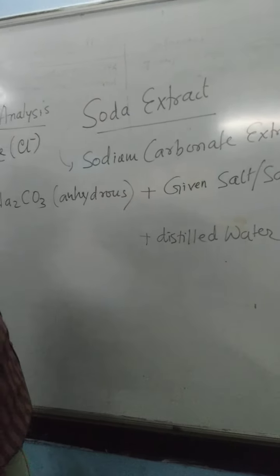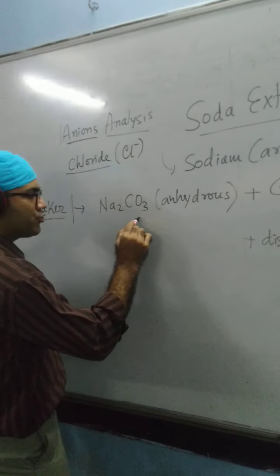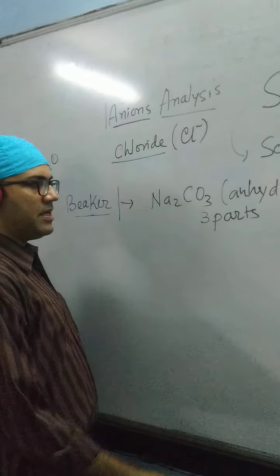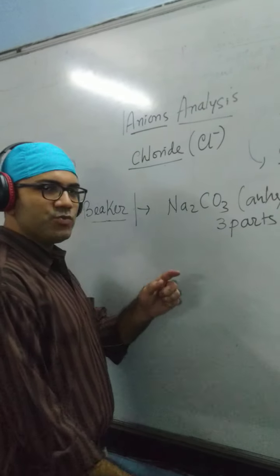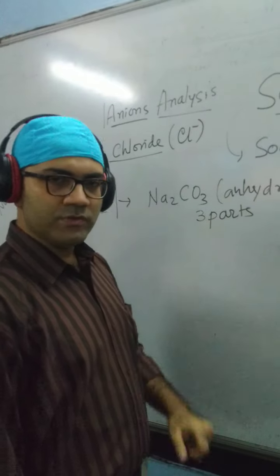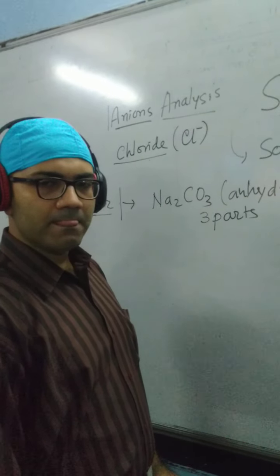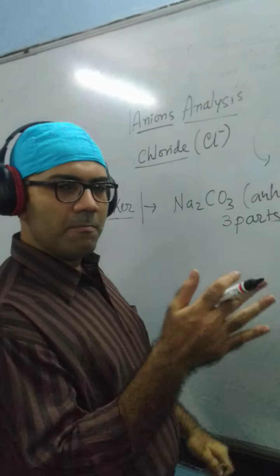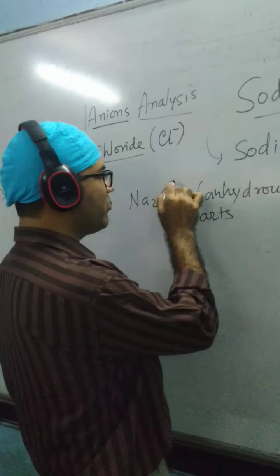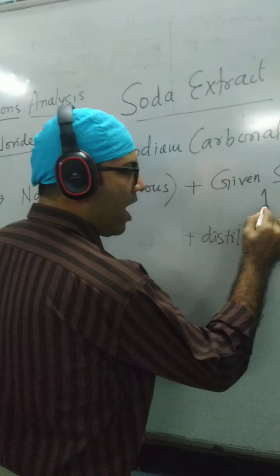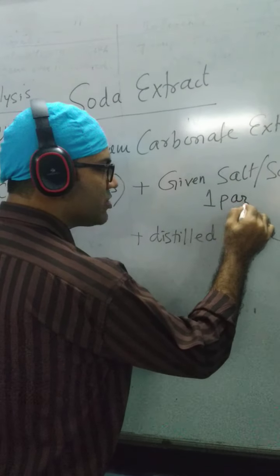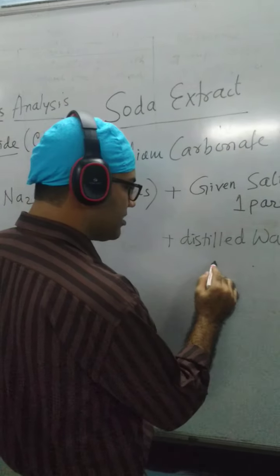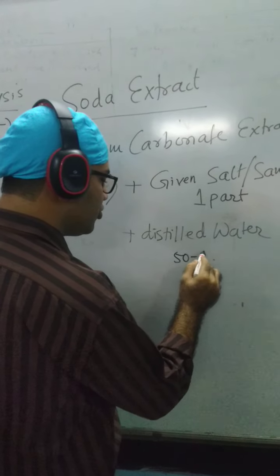Any amount? No, not any amount. 3 parts, which we normally consider as 3 spatula. It's a measurement thing. 3 parts of sodium carbonate, 1 part of the given salt, and distilled water, 50 to 60 ml.